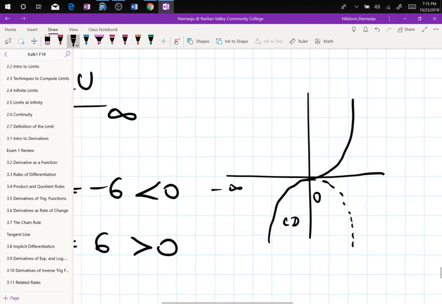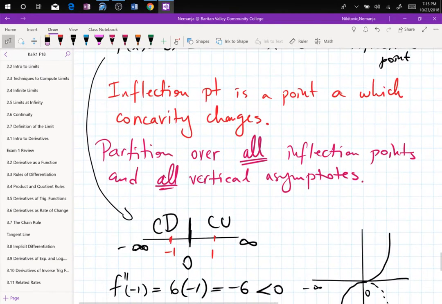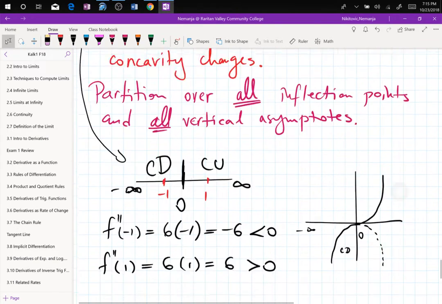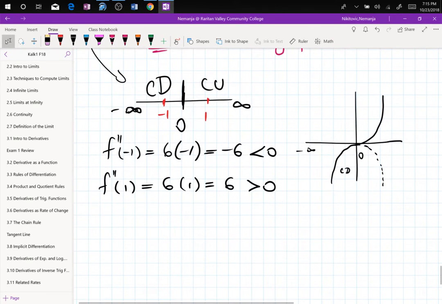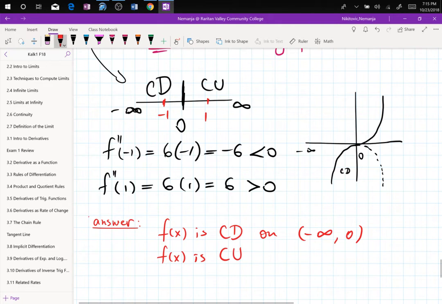And it becomes concave down. So now what's the answer? We say f of x is concave down on -infinity to 0. F of x is concave up on 0 to infinity.